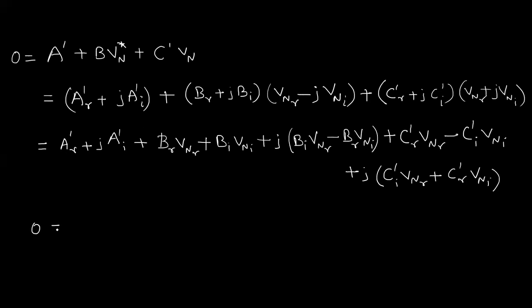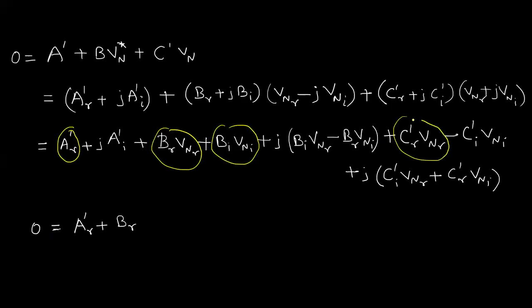So 0 is equal to, let us write the real component first. So the real part is basically AR dash plus BR. So I will circle those components. So basically this component, this, and this. So here actually we can combine the terms which are the coefficient of VnR, this and this.